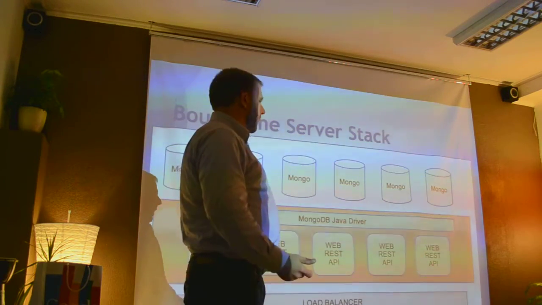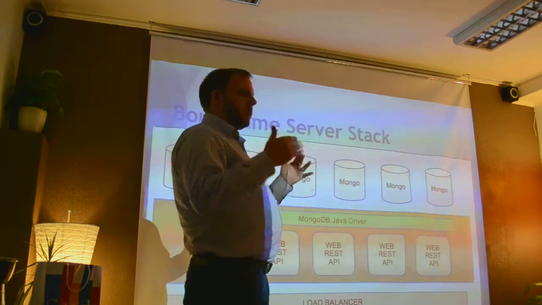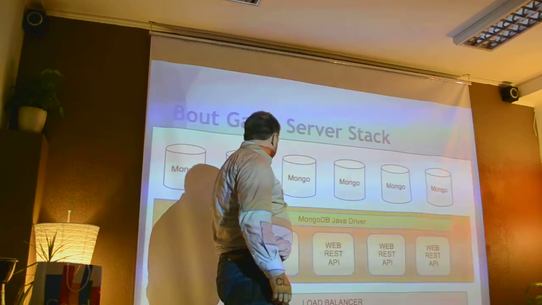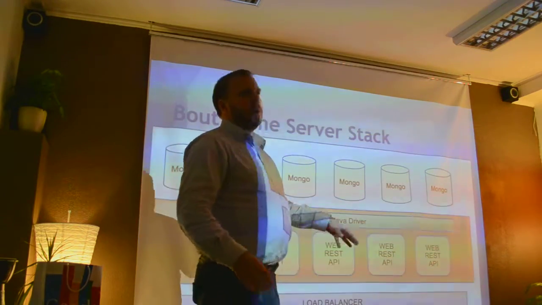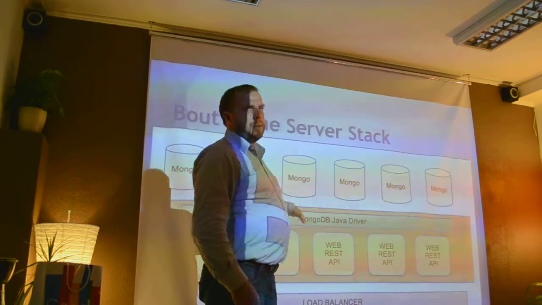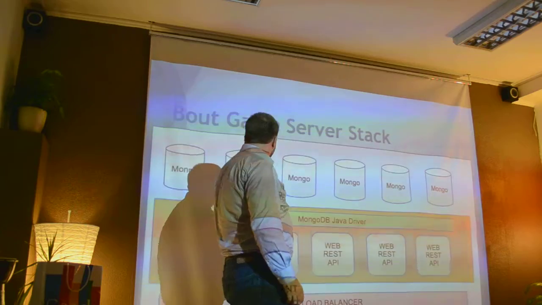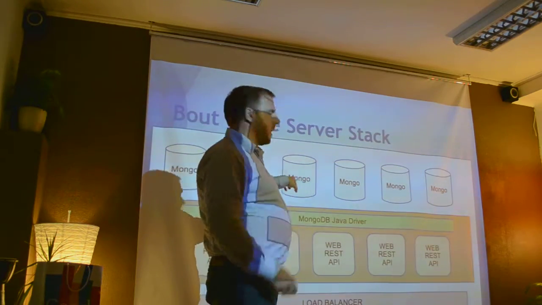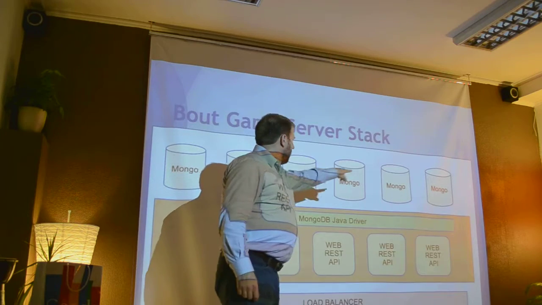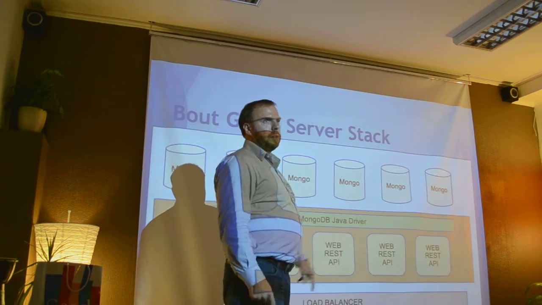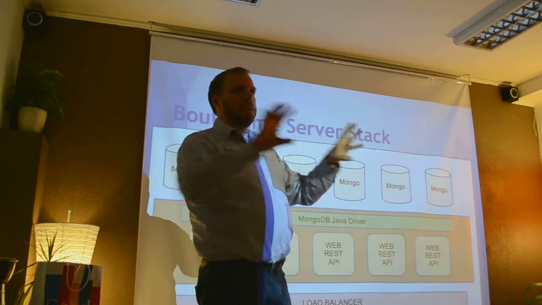I took it out because it really is the single point of communication. The driver looks after everything. From an application perspective, whether you're reading or writing from the database, it doesn't matter. You talk to the driver the same way. The driver knows which instance to talk to, whether it's reading or writing, and the MongoDB daemons themselves that are running on these EC2 instances look after keeping all the databases in sync.